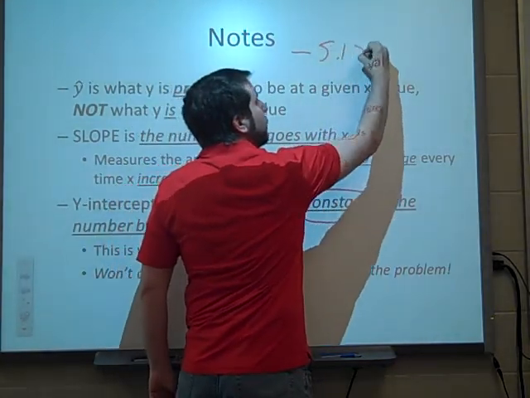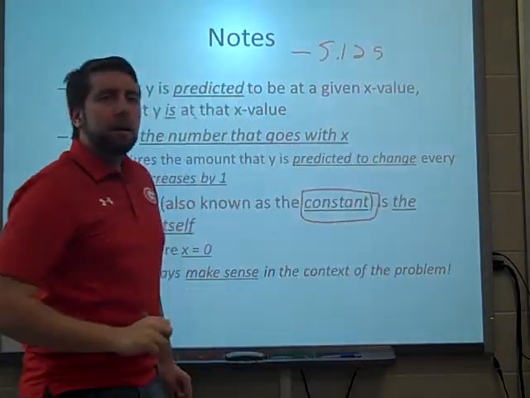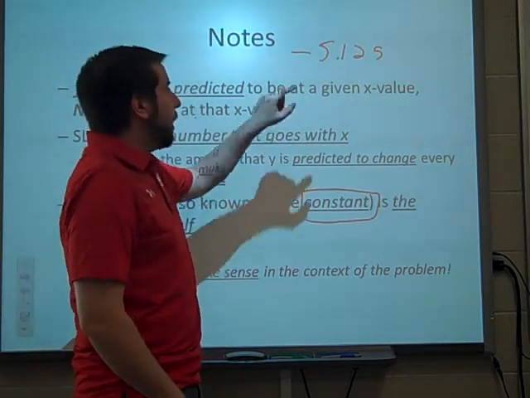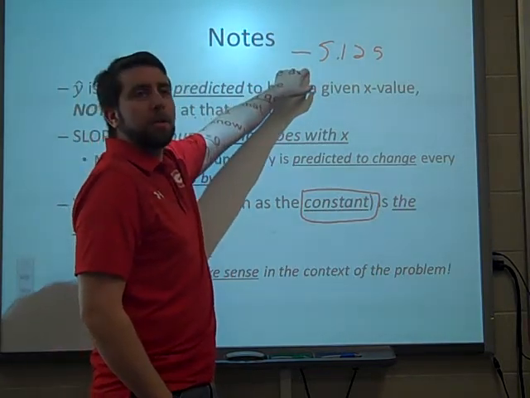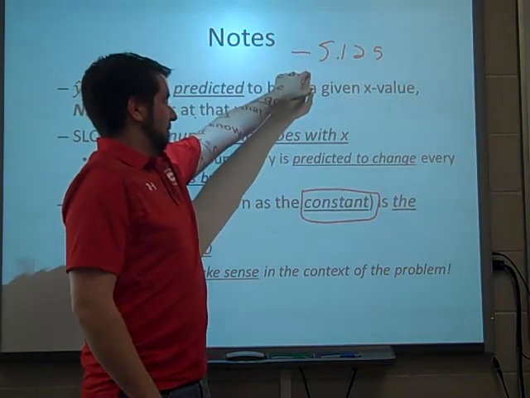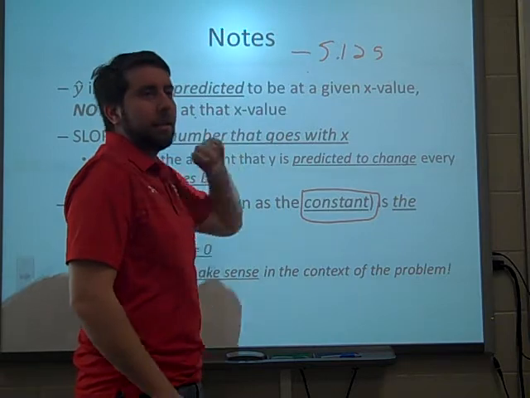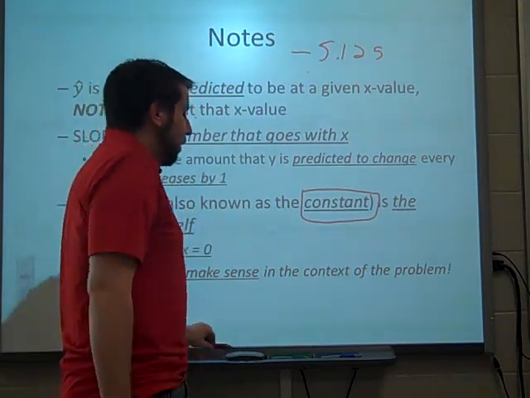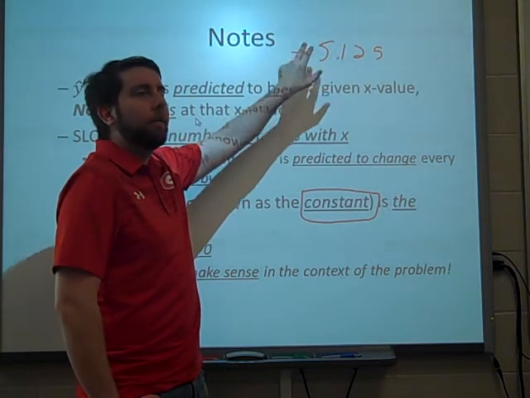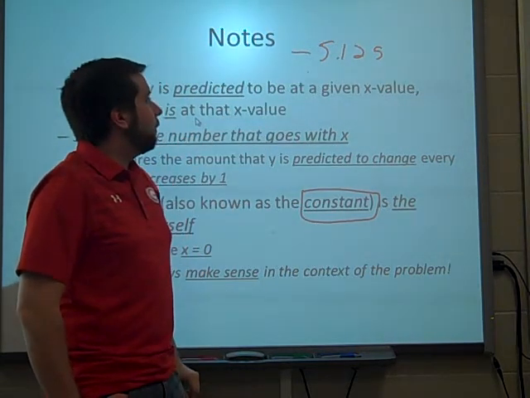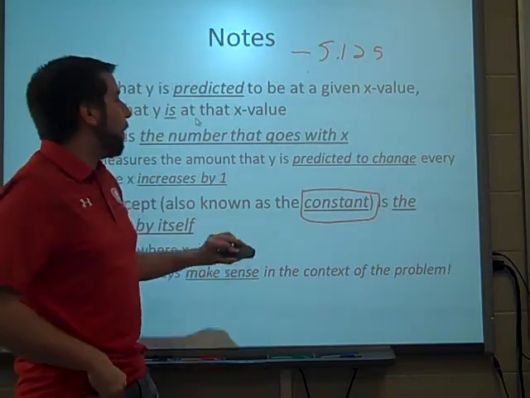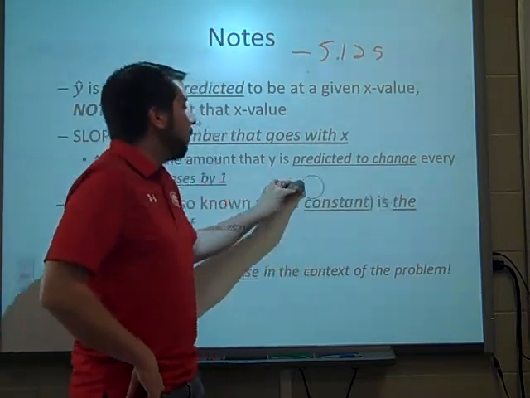So I would predict that a person with a height of 0 inches would have a right foot length of negative 5.125 inches. That's silly. There is no such thing as a person with 0 height, and certainly no such thing as a negative 5 right foot length. But in theory, if we followed our equation all the way, that's what would happen.